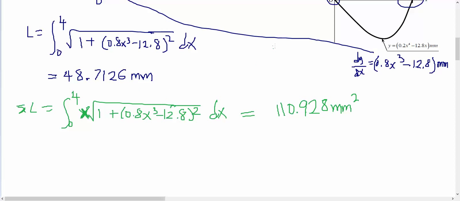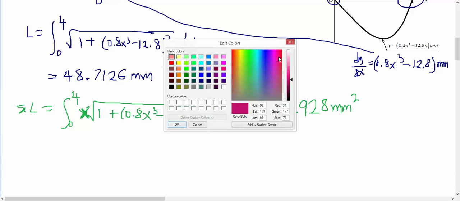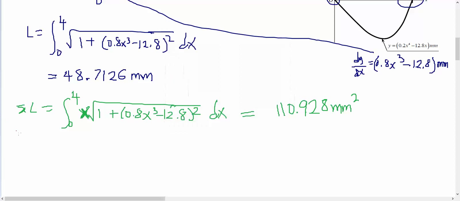So now for yL, we have the integral from 0 to 4. Well, instead of an x here, we should have a y, right? Well, we have the relationship for y and x given.